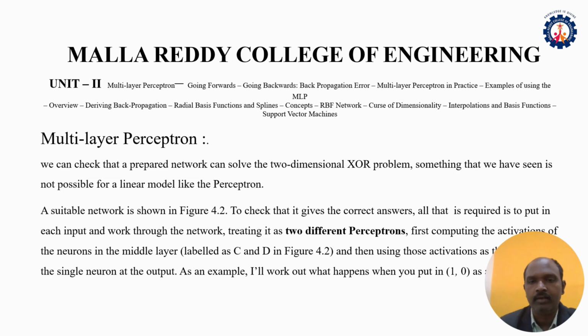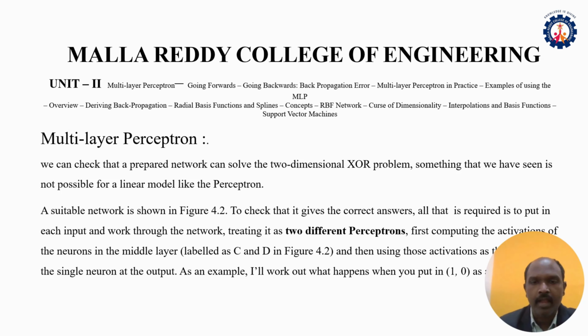These are constraints required to put each input through the network, treating it as two different perceptrons. Why have we taken two perceptrons here? The first computes the activation function; the neuron in the middle layer is labeled as C and D. Labeling here means identifying, in a large amount of data, which layer is connected and whether the information is labeled or unlabeled, so we identify it with the C and D parameters.